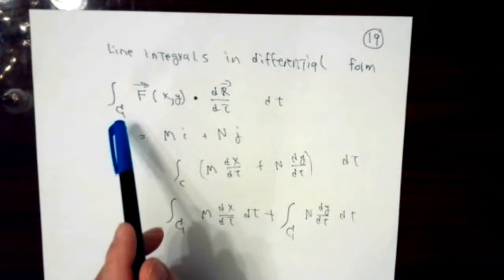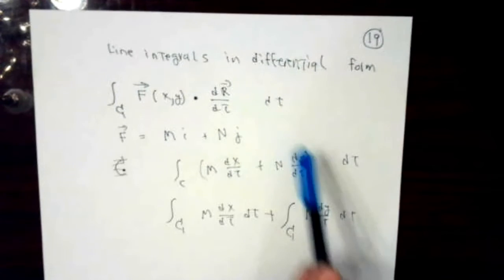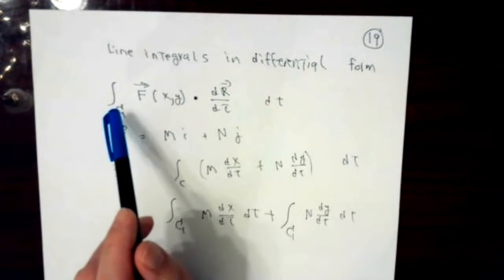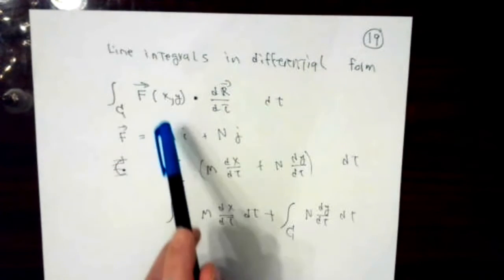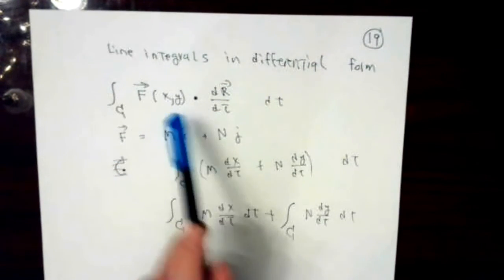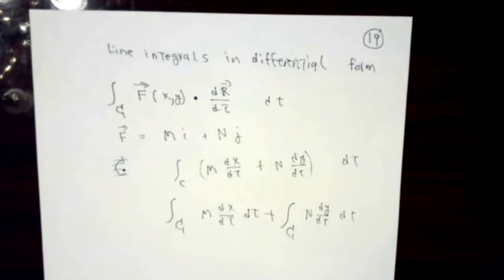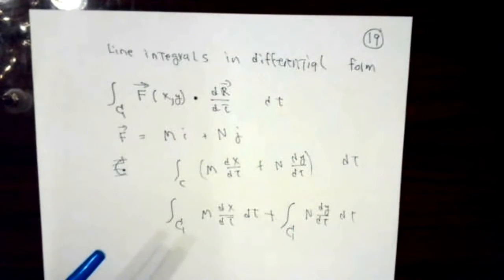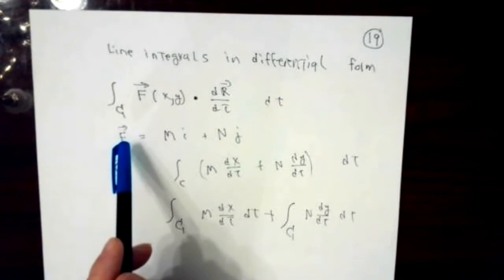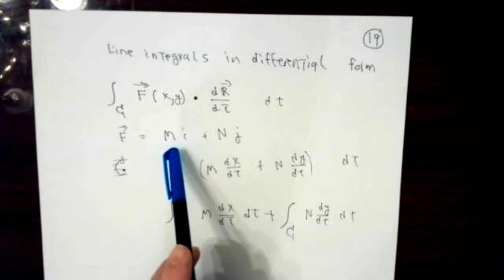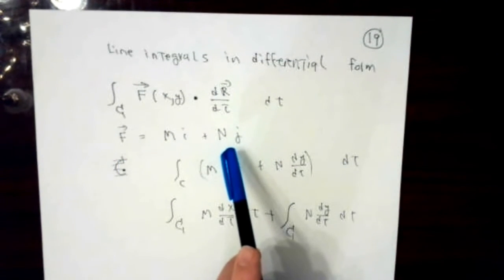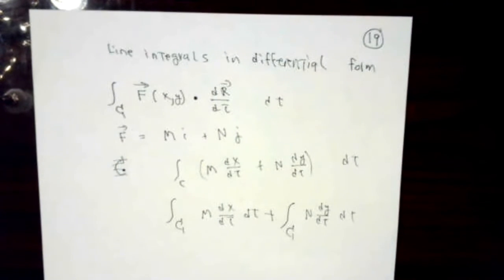A line integral along a curve, if I knew the explicit beginning and ending t values, I would just say the integral from a to b of the dot product of the force with the velocity vector, and I would do the integral and get my answer. I'm thinking in 2 dimensions now, just for convenience. The force is going to be some function of x and y times i, plus some other function of x and y times j.